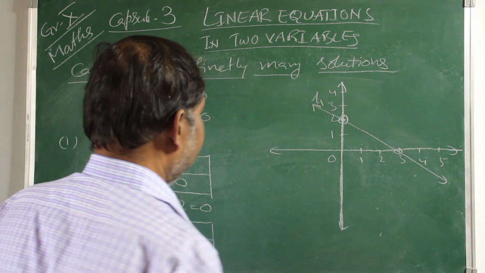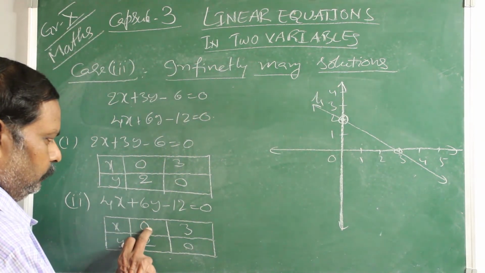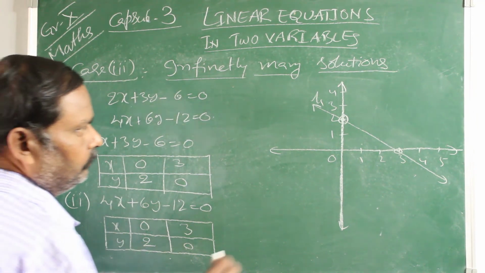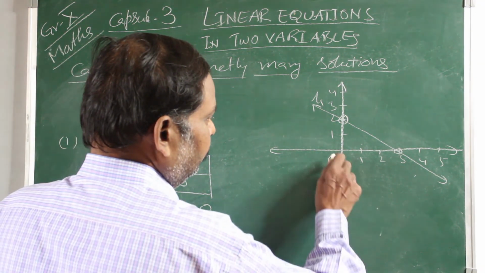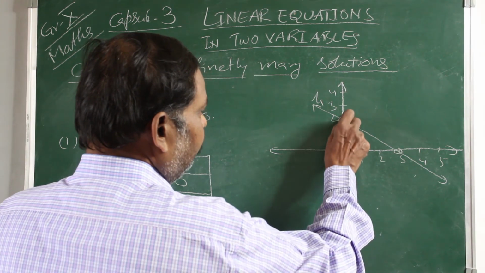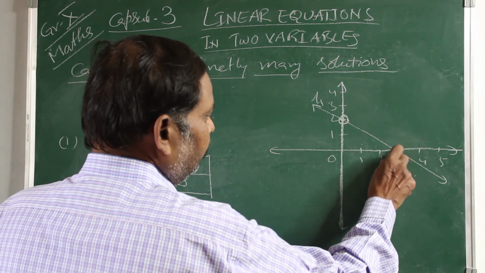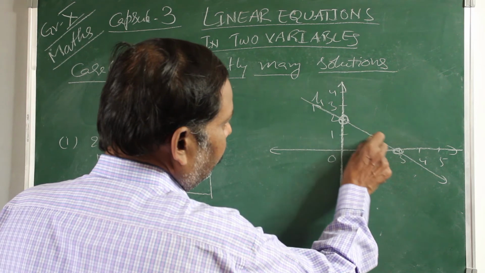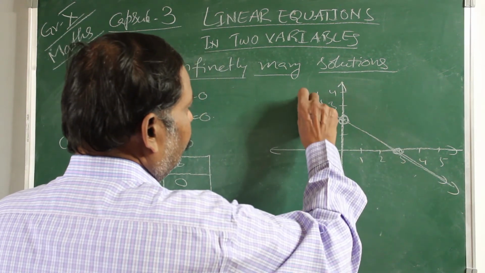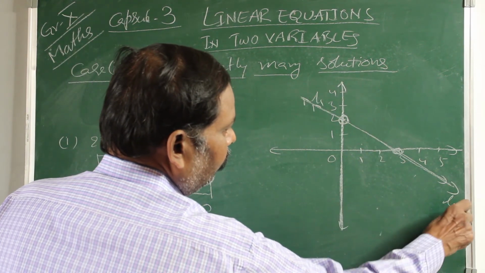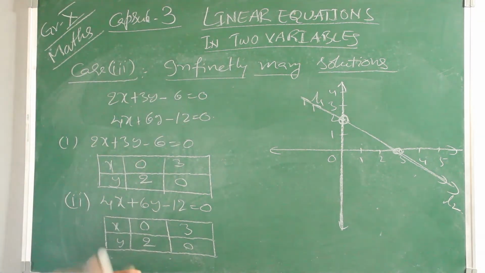This is L1. L2 also, x is 0, y is equal to 2, the same point I am getting. Here also the same point. Here one line overlaps the other line. Those are the coinciding lines.